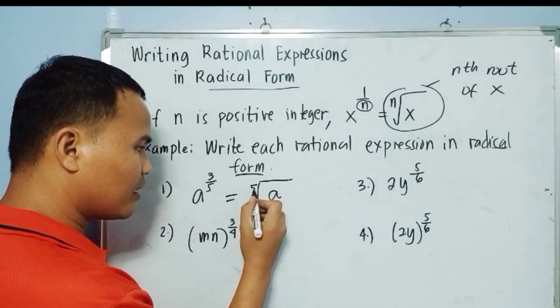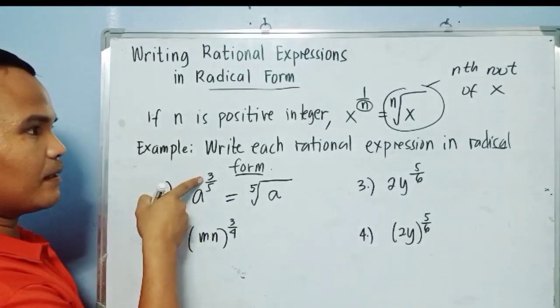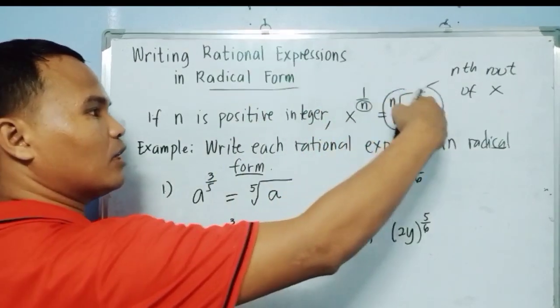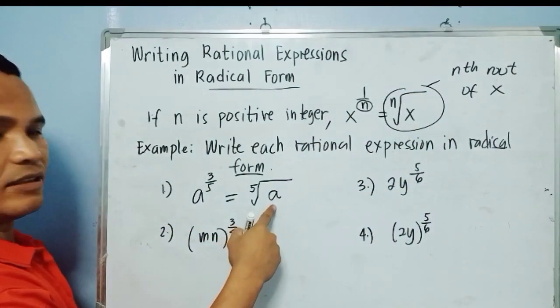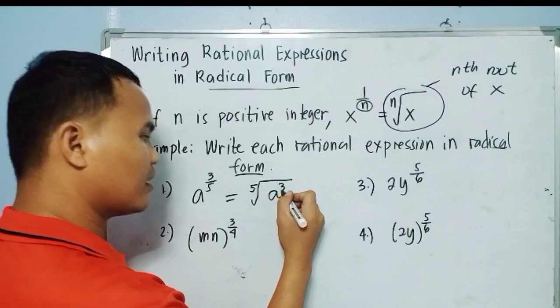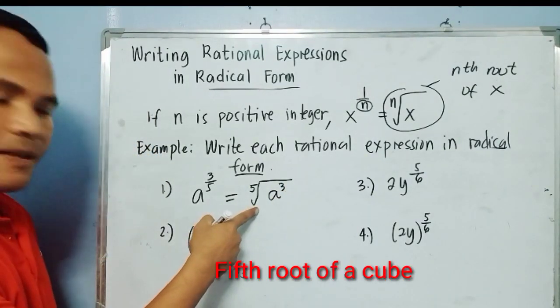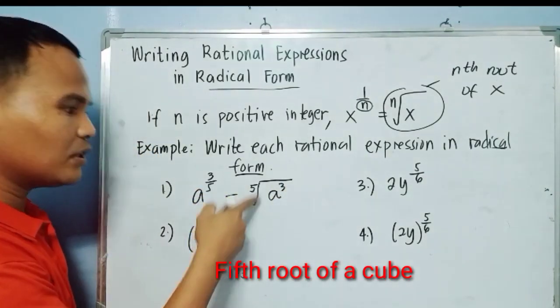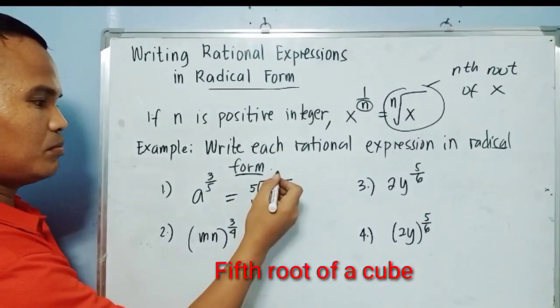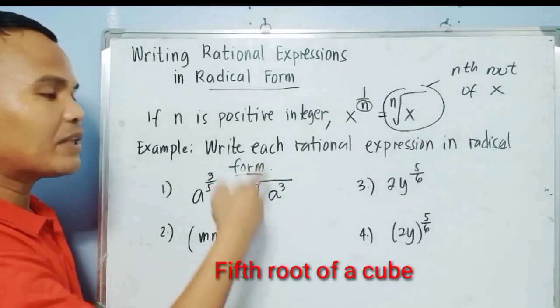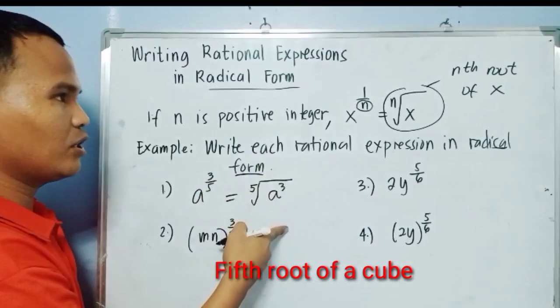So, atong index here is 5. Unsay atong numerator? 3. Ang atong numerator mao to ang exponent sa atong radicand. So this 3. So ang basa ani 5th root of a cube.